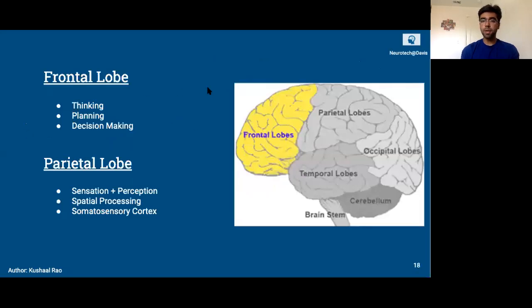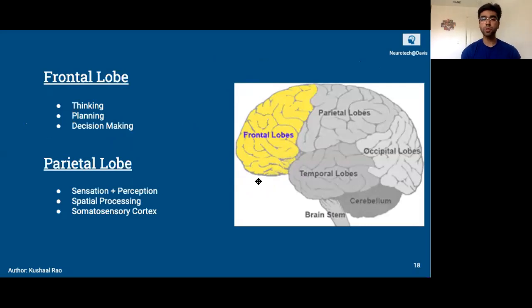Going back to the anatomy as a whole, when I was showing you pictures of the dorsal and the ventral regions of the brain, I had labeled all the lobes, and here are what the lobes mean and what functions they're responsible for in the brain. Starting with the frontal lobe, as the name suggests, it's at the front of the brain. So this would be your forehead right here, and your eyes would be right here.